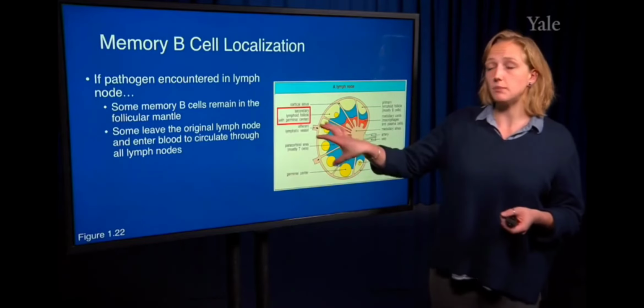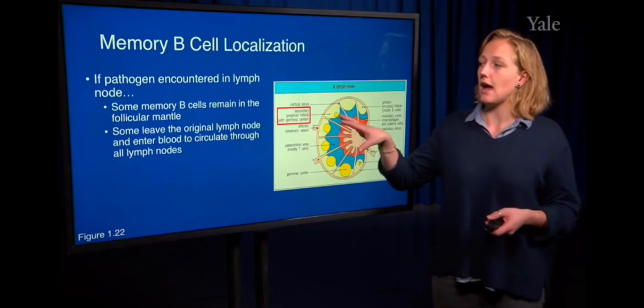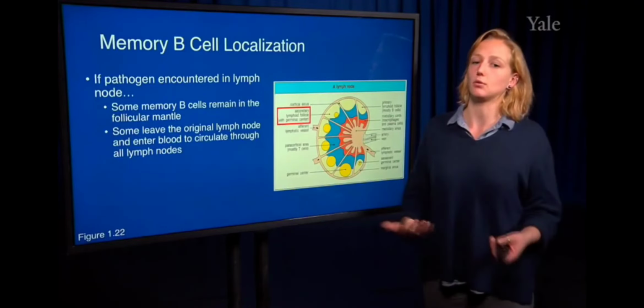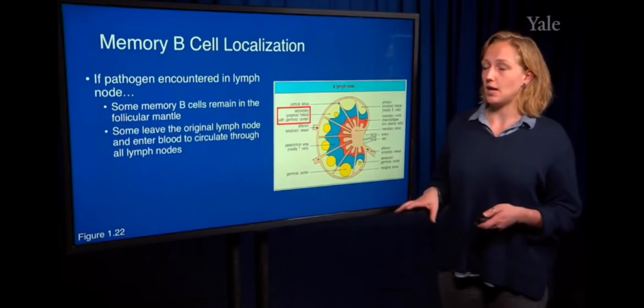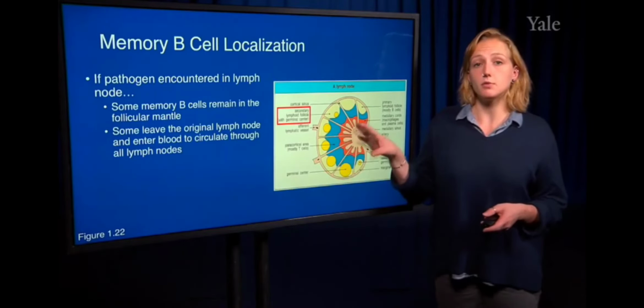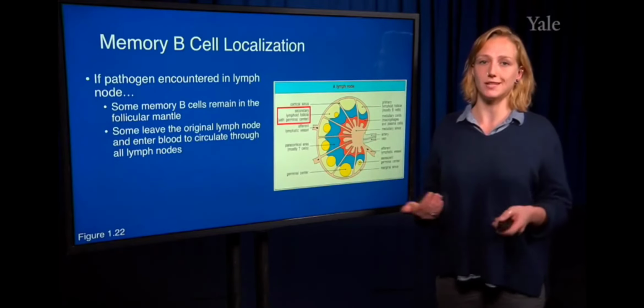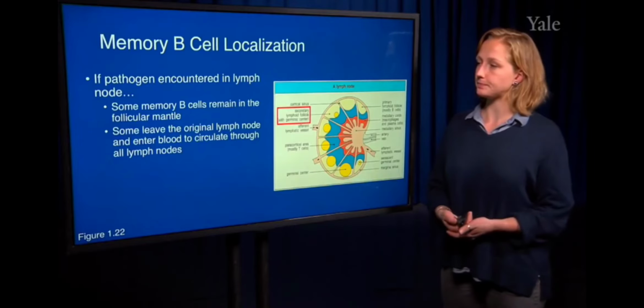So we do maintain some memory B cells within this follicular mantle. However, some will leave and circulate through the body. Just as a reminder, as these cells are formed within the germinal center, the majority of these memory B cells that stay within the lymph node are germinal center dependent B cells.